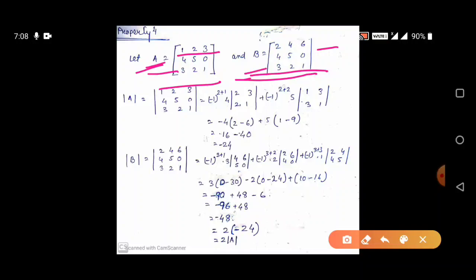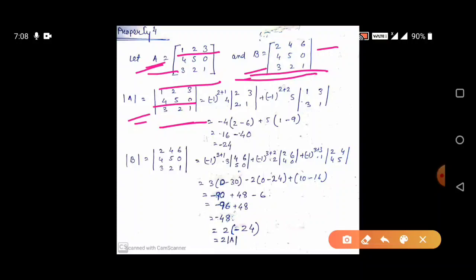So we are multiplying the elements of the first row of A by 2 and we have represented the matrix by B. Now, first of all, we will find the determinant of A. For that we have written like this inside the determinant sign. We are expanding along row 2 because we have a 0 in row 2, so our calculation will be easier.